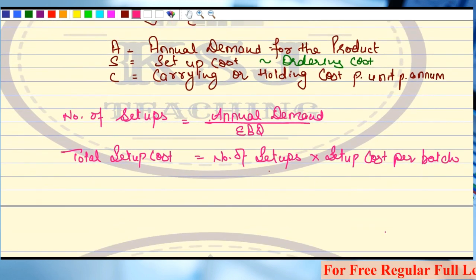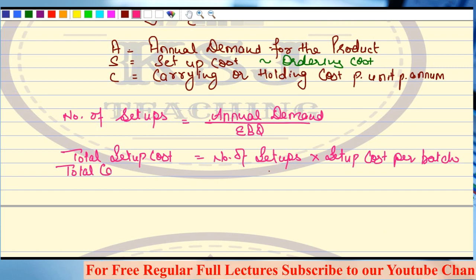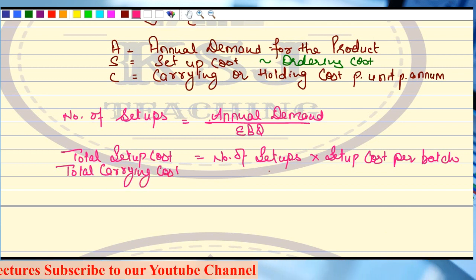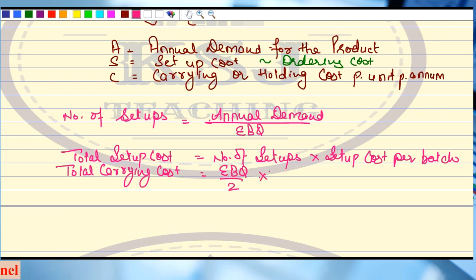Similarly, the total carrying cost or total holding cost will remain the same as we have already studied: EBQ, the average inventory, divided by 2 multiplied by carrying cost per unit per annum.